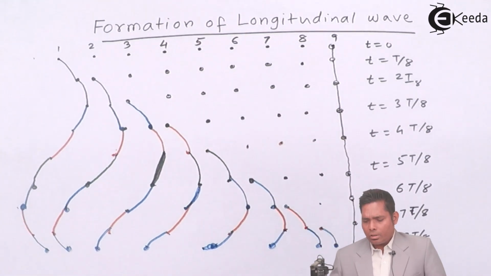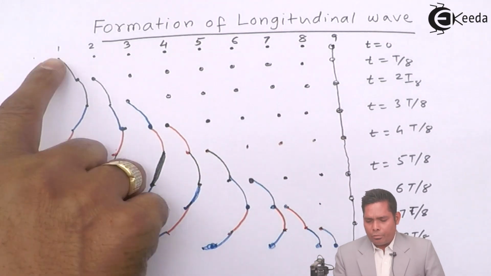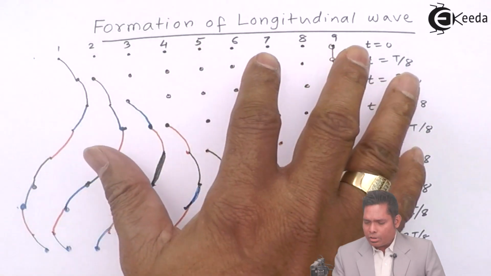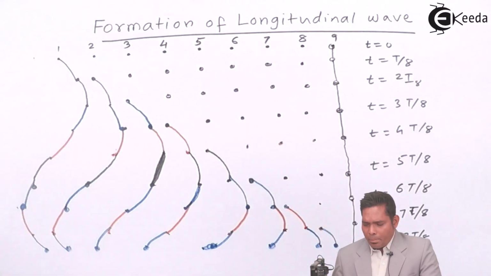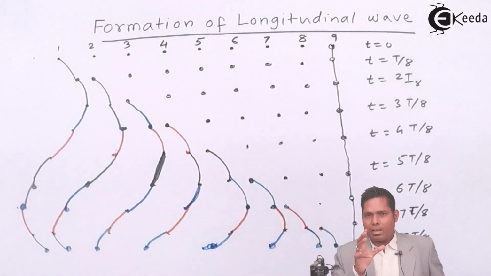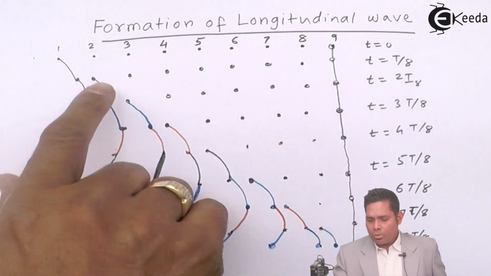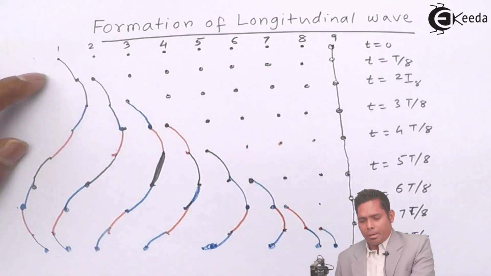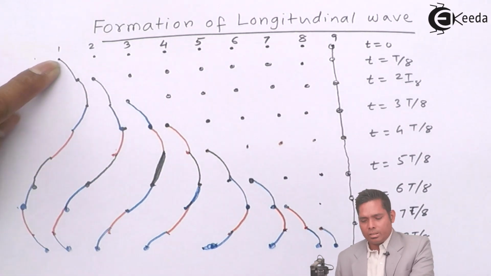Now this confirms that I have considered 9 particles. So for 9 particles, I have divided the total time into 8 parts. So by each T by 8 time, the nearest particle is going to be disturbed. At time t equals 0, it receives the disturbance.